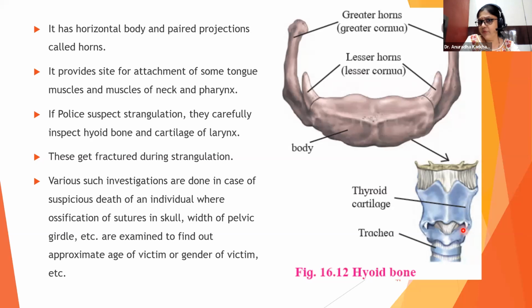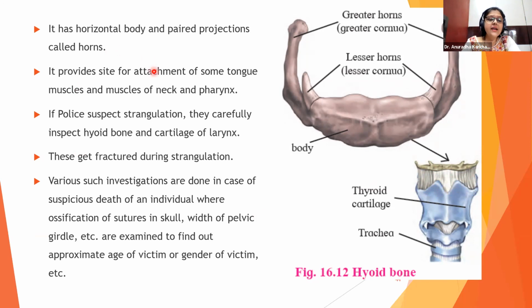We have seen the 4 types of cartilages in our breathing and exchange chapter. So here it's going to be sitting exactly over this thyroid cartilage. Look, 2 lesser horns and 2 greater horns. Samjha, how is this? It's attached with the help of the ligaments to the tongue, pharynx and neck region.